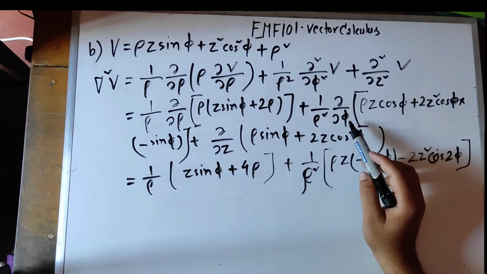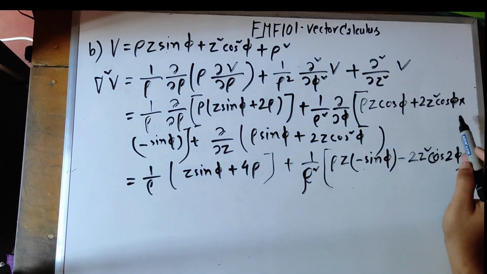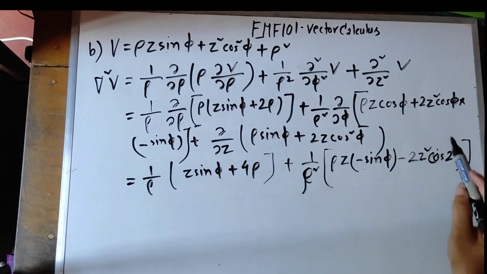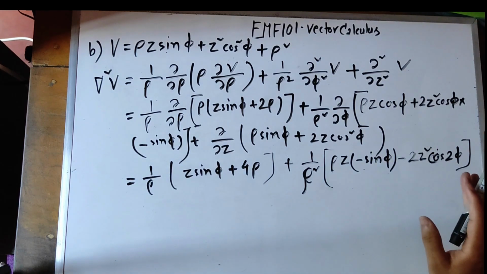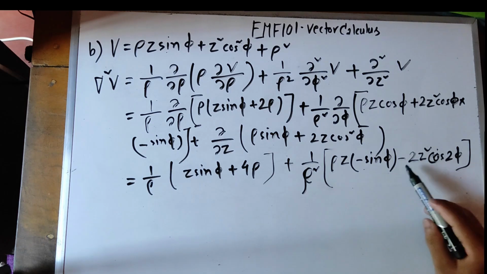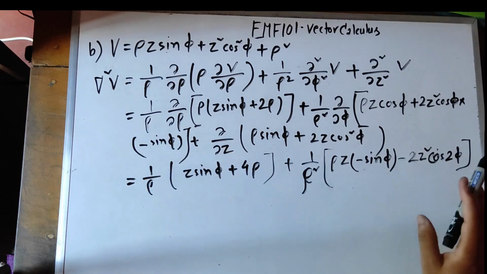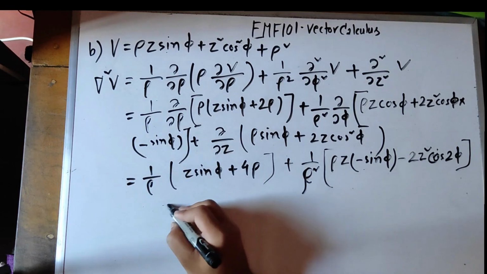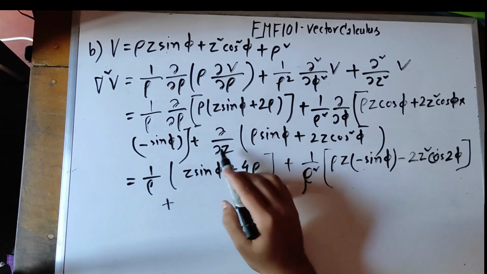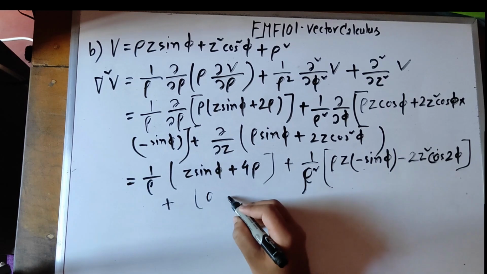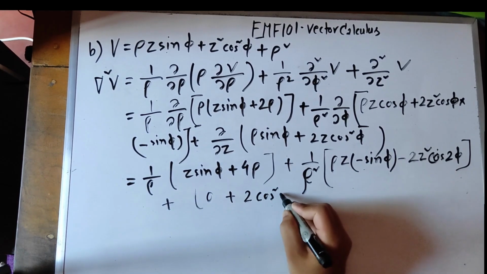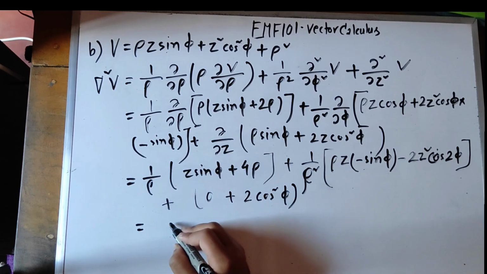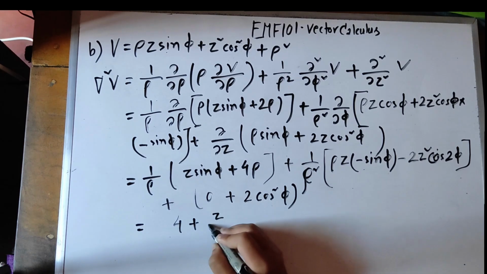So partial differentiation with respect to phi of this part is this, so rho z minus sine phi minus 2z square cos 2 phi, so 2 cos phi sine phi is sine 2 phi, and partial differentiation of sine 2 phi is 2 cos 2 phi. So I have just written it directly, no extra lines, so plus partial differentiation again, so this is 0 plus 2 cos square phi.